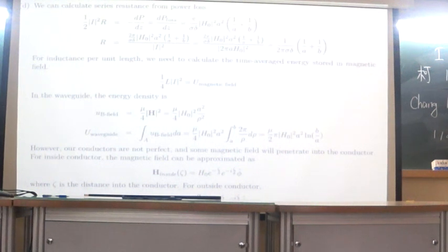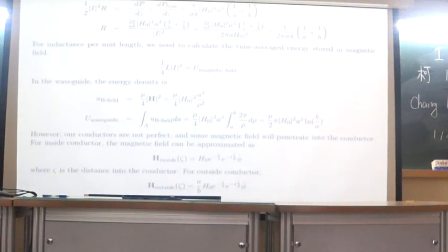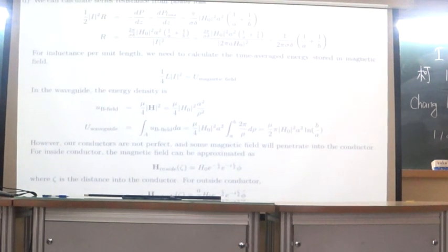So the magnetic field energy is the energy density integrated over an area. You will find this value is mu over 2 pi times H0 squared times a squared times log(e) over a here.